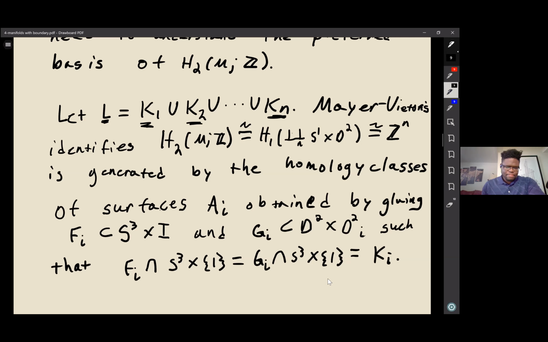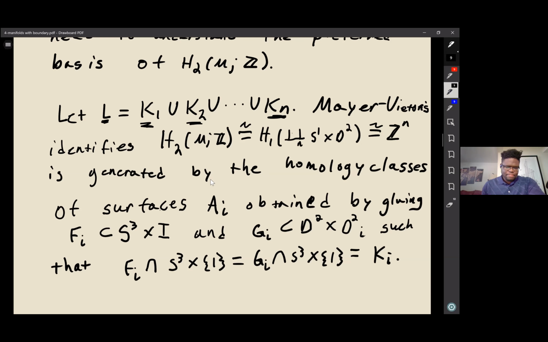If we apply Mayer-Vietoris to the trace of surgery, so we'll view this space as S3 times I glued to these n 2-handles along n solid tori, we see that the second homology of this trace is identified with the first homology group of the disjoint union of n solid tori, which is the free abelian group of rank n.